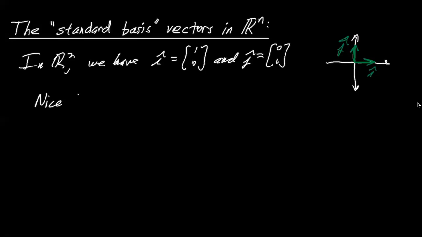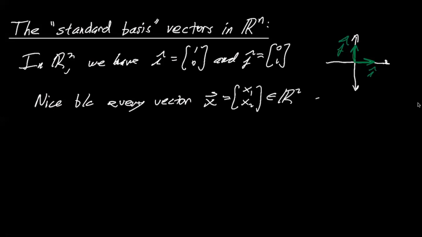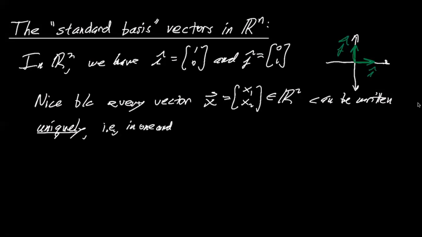In fact, every vector x, a vector (x1, x2), can be written in terms of i and j, but moreover, can be written uniquely, by which I mean in one and only one way, as a linear combination of i hat and j hat.